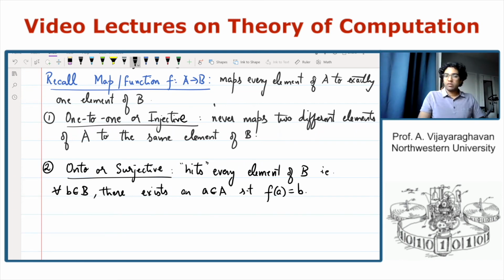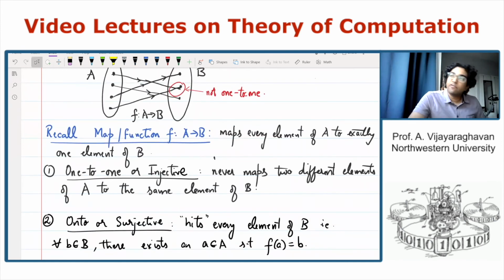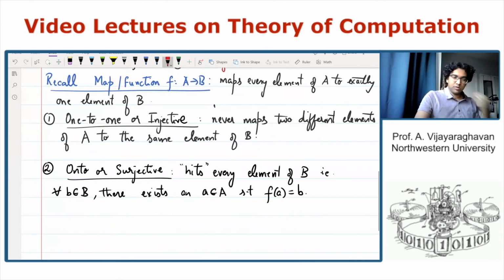What this means is that every element of B has at least one incoming arc. For instance, if you have some element here which has no arc, then this is not surjective or onto.